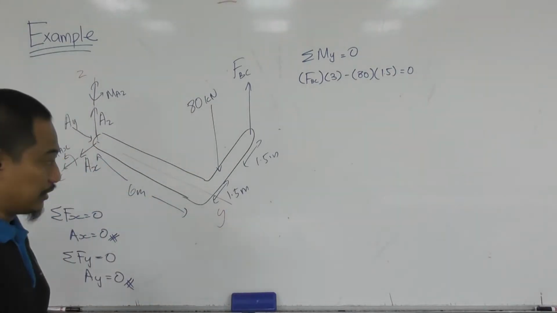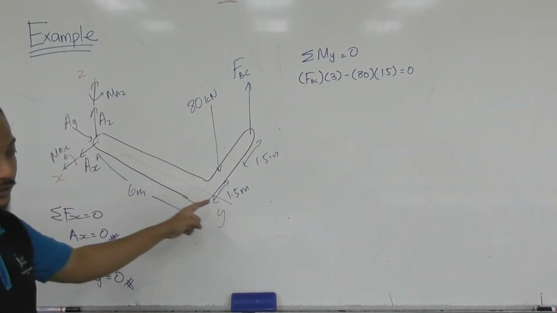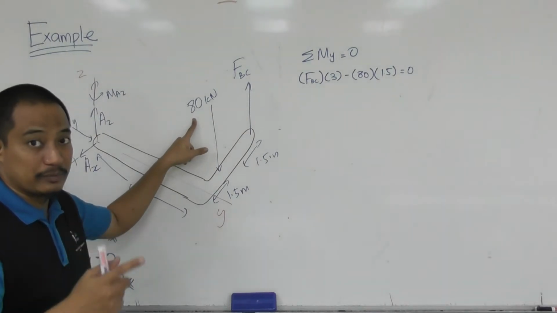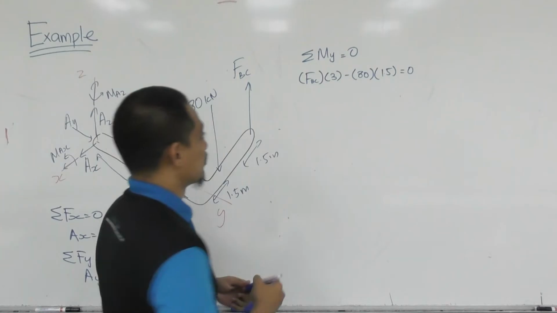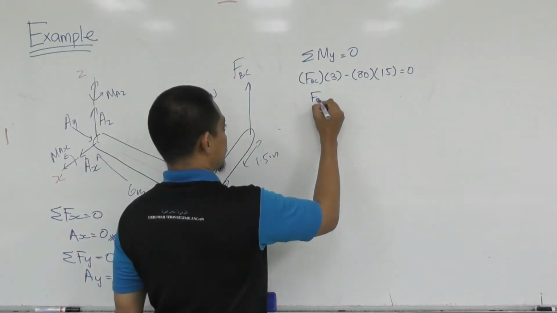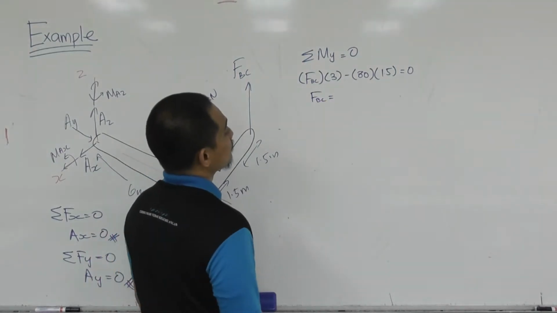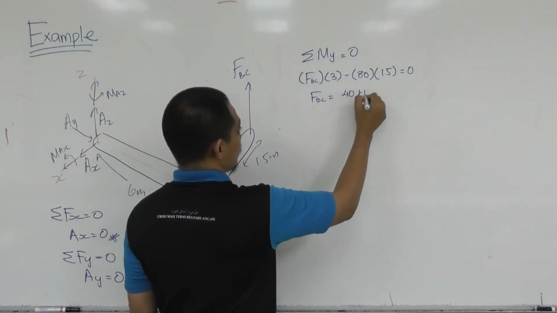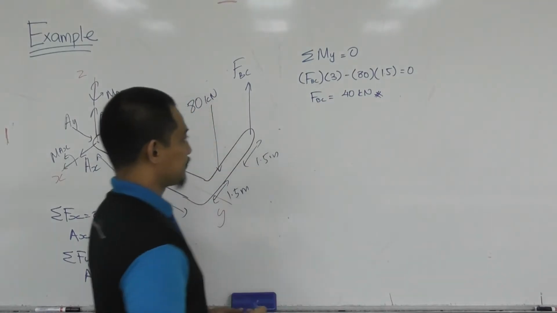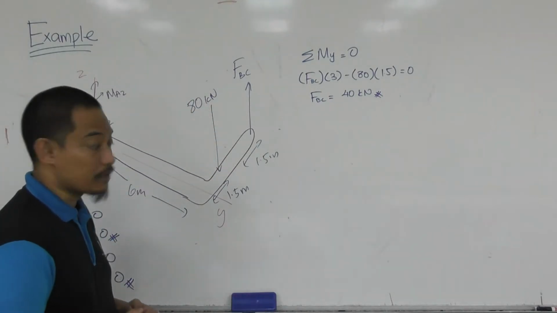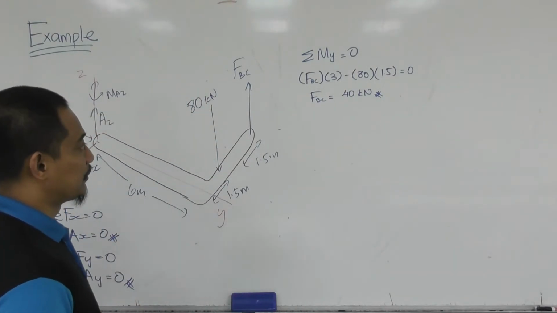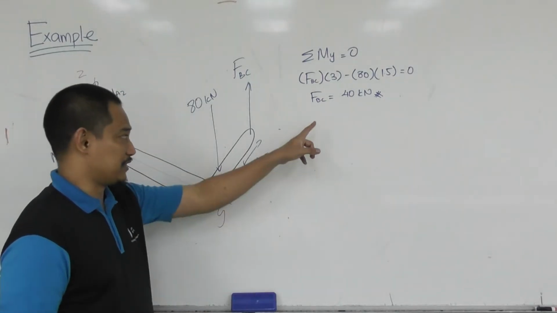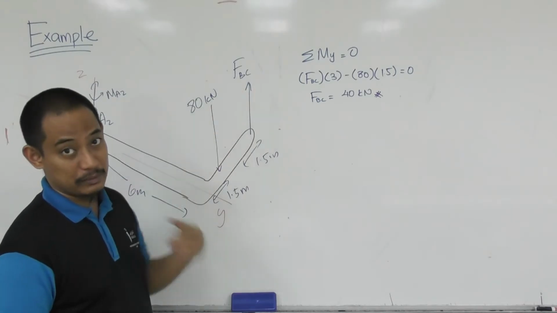Everything else doesn't produce any moment about y-axis. These are the only two forces that produce moment about y-axis. So from here you can solve that FBC will be 40 kilonewton, since 80 divided by 2 is 40 kilonewton. Obviously, this must be positive because this is tension of the cable.